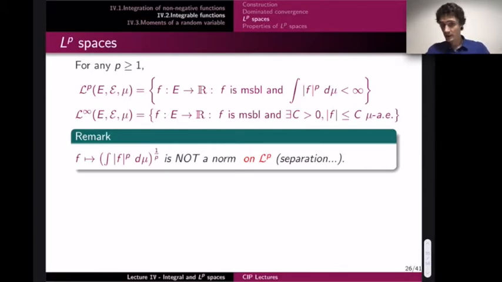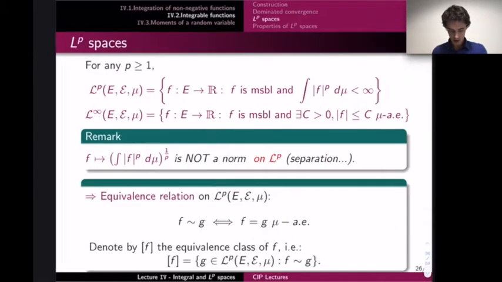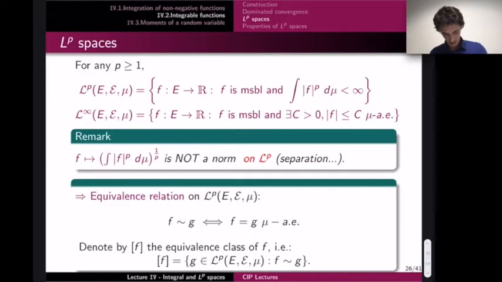But separability is not true at all, because if the integral of |f|^p d mu equals 0, what we know is that this implies that |f|^p equals 0 mu almost everywhere, and this implies also that the absolute value of f is equal to 0 mu almost everywhere.